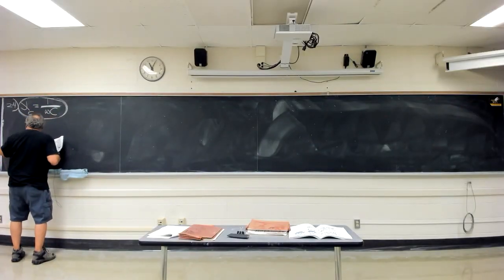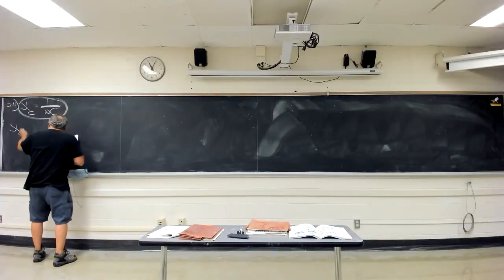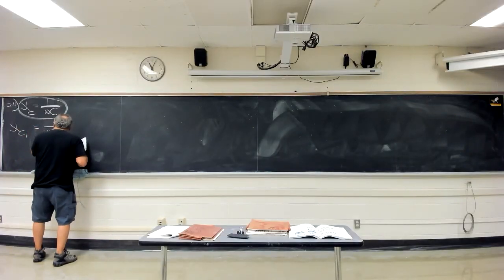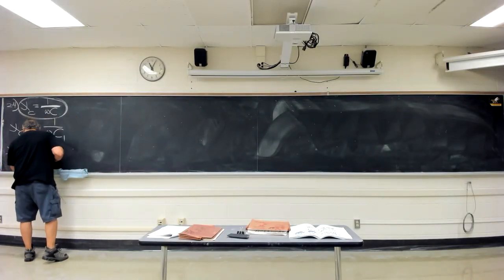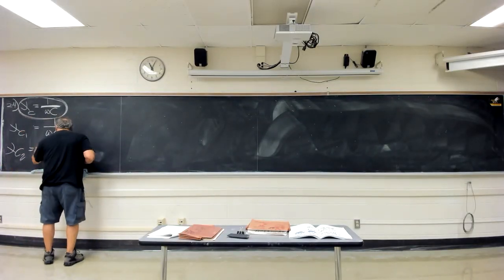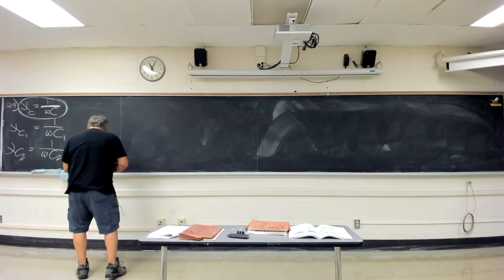Let's say one of the capacitors is C sub 1. So X sub C1 is 1 over omega C1, and X sub C2 is 1 over omega C2. Okay, sounds good to me.